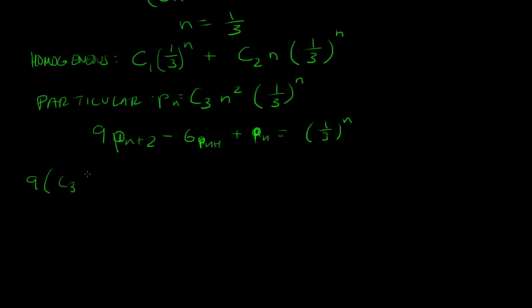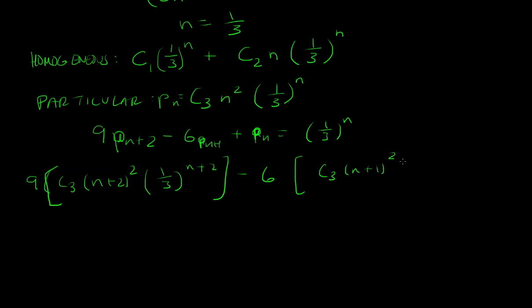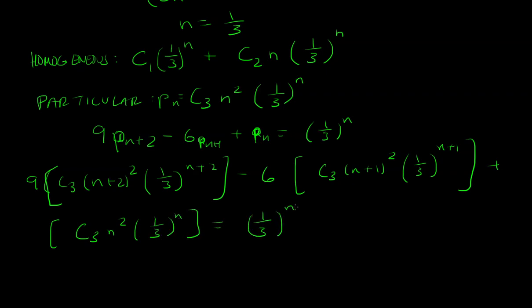Then we have C3 (n+2)² (1/3)^{n+2}, minus 6 times C3 (n+1)² (1/3)^{n+1}, plus the original, C3 n² (1/3)^n, and that's all going to equal (1/3)^n.